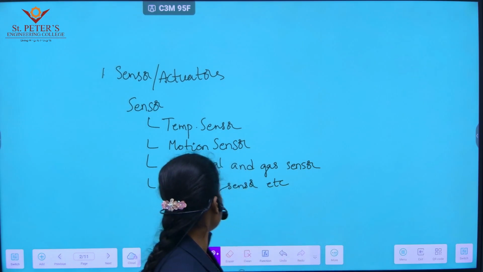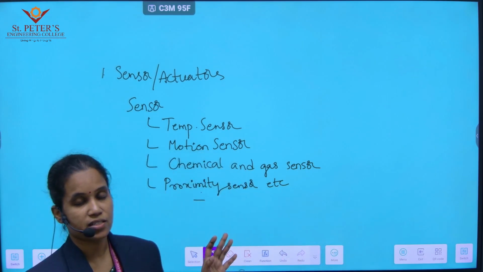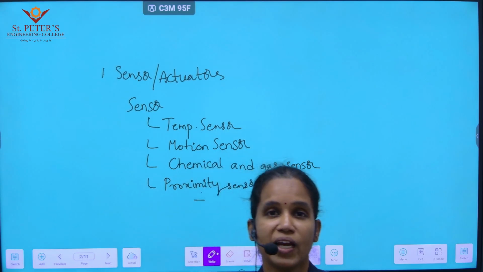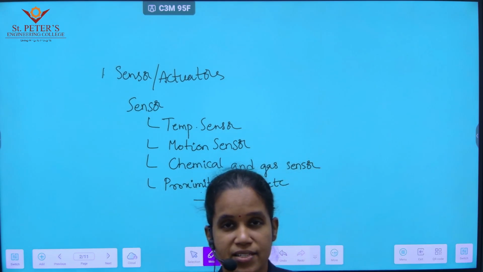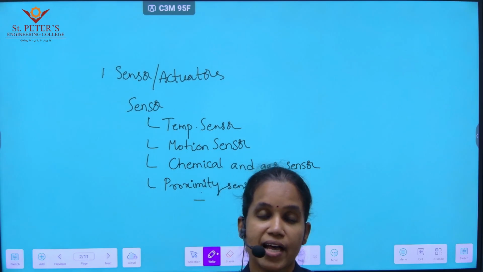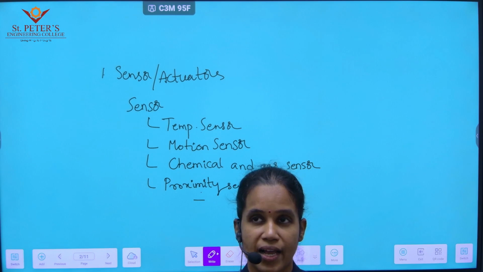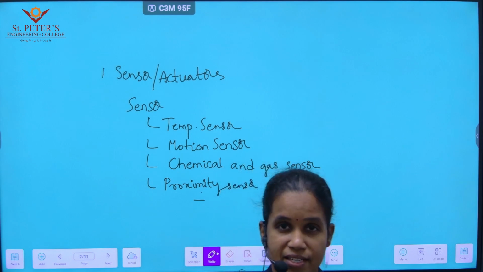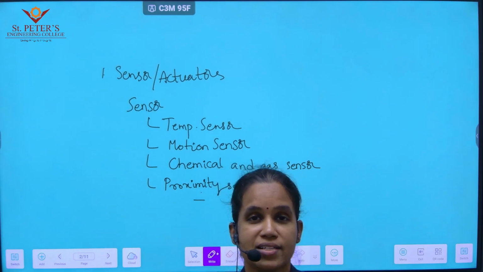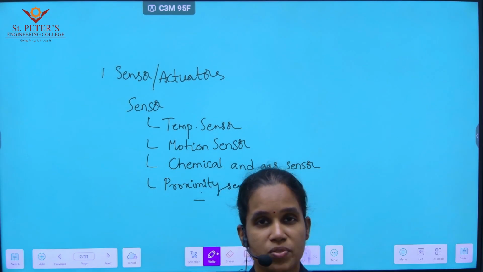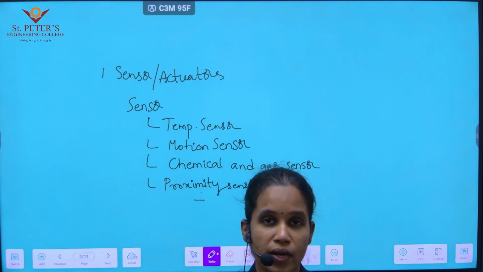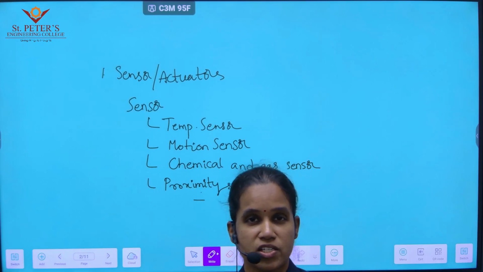Coming to the third one, chemical and gas sensors. These are used to measure air quality. Gas sensors and chemical sensors are not separate; gas sensors are a part of chemical sensors. Chemical sensors are used to detect the presence of toxic or hazardous chemicals in a substance, which can be in a solid form, a liquid form or a gaseous form.